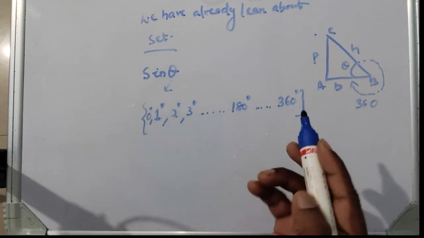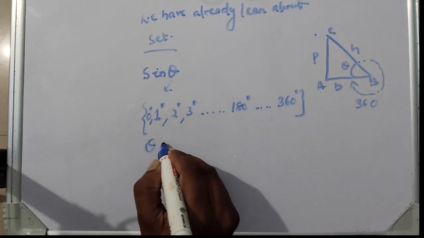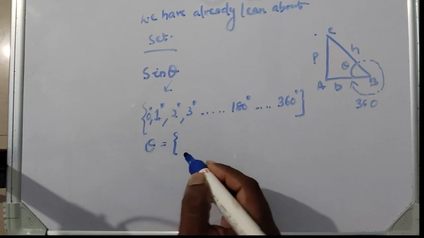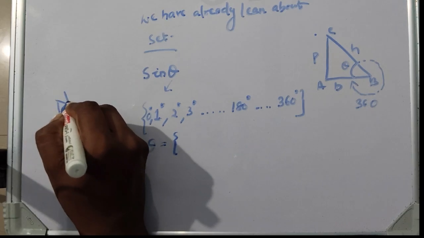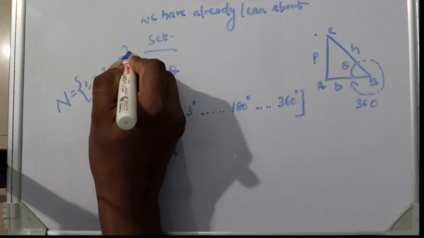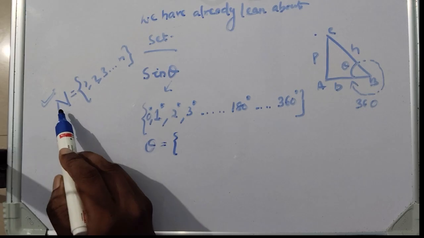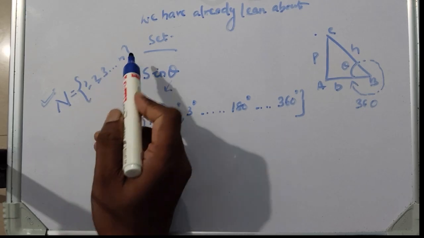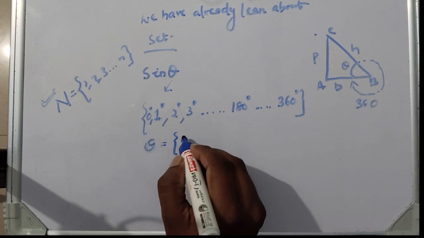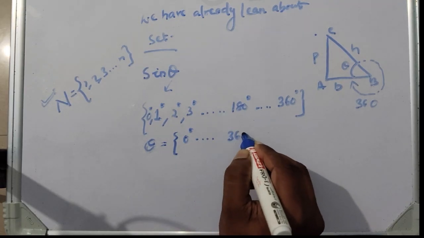Theta can be just like natural number n, meaning 1, 2, 3 up to n numbers. Just like we know in set, natural numbers can take any value within 1 to n. Similarly, theta is a set of angles where it can take any value within 0 to 360 degree.